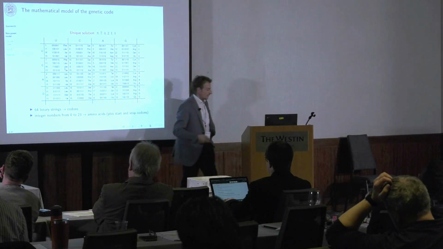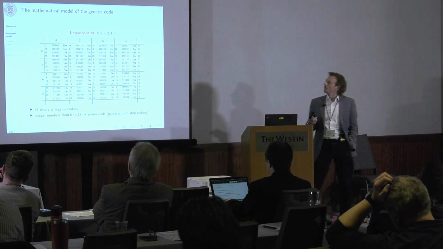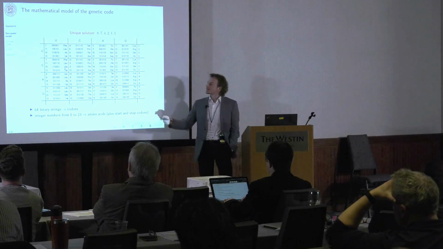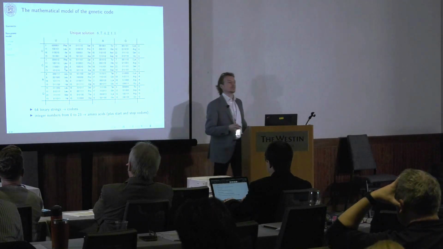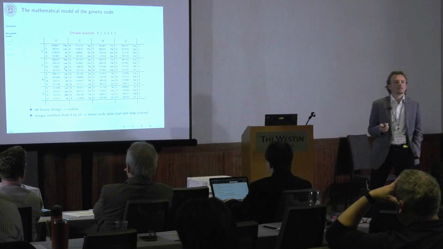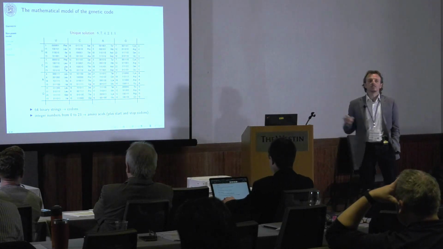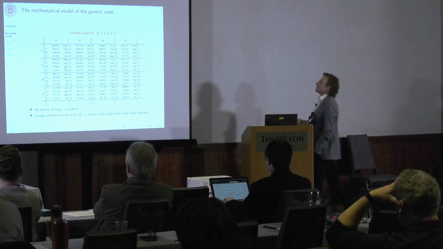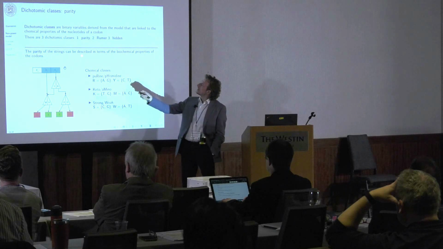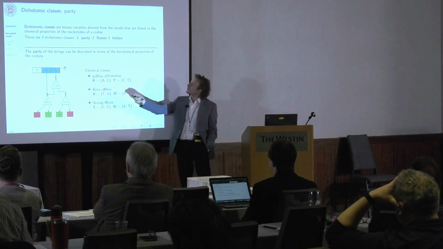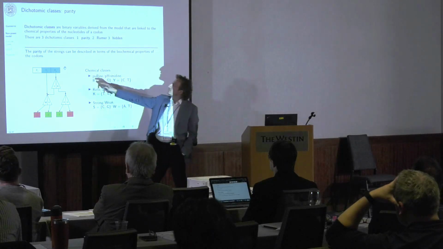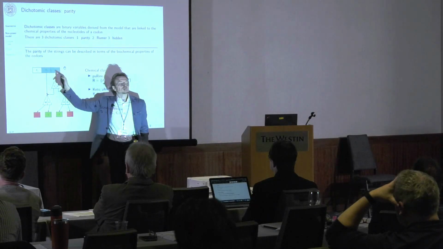But for instance, let me just mention, what can we do with this? Let's think about the parity of the strings. The parity of the strings is a purely mathematical quantity derived from the strings here. Surprisingly, the parity of the strings can be described in terms of the biochemical properties of the codons, in particular the last two bases of the codons.